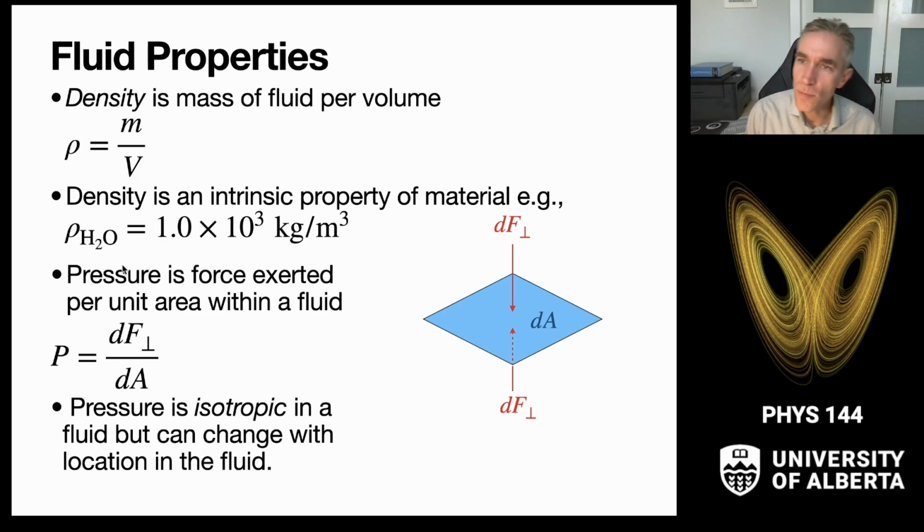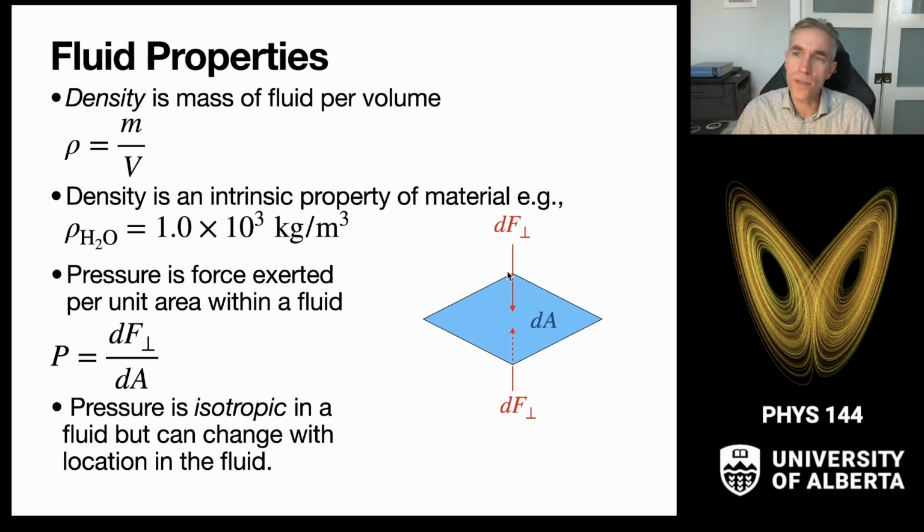We also define pressure, and pressure is the idea that a fluid is exerting forces per unit area within that fluid. If we think about a fluid here, this white area all around, and then we think about a little area here, like if we inserted a thin sheet of paper into the fluid, it would probably get wet. But after that, you would be able to measure forces on it.